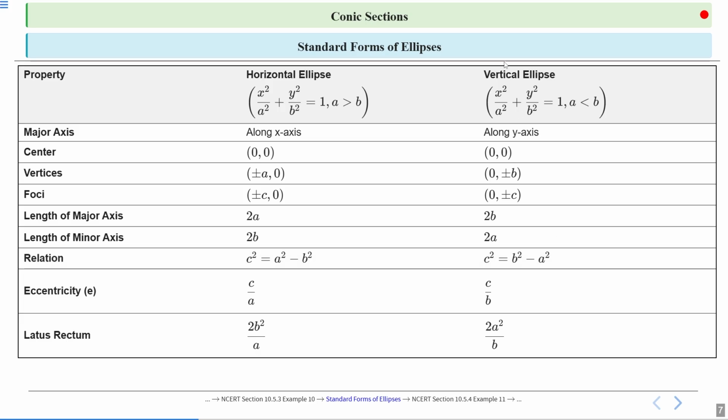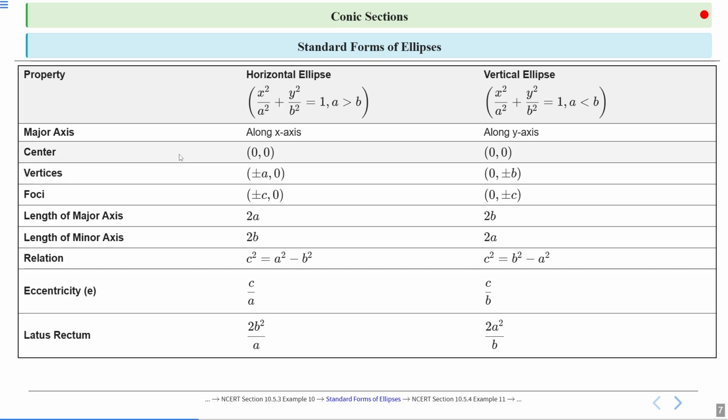Then the eccentricity e: for a horizontal ellipse it is c upon a, and for a vertical ellipse it is c upon b. Then the latus rectum: for a horizontal ellipse its length is 2b square upon a, and for a vertical ellipse it is 2a square upon b.